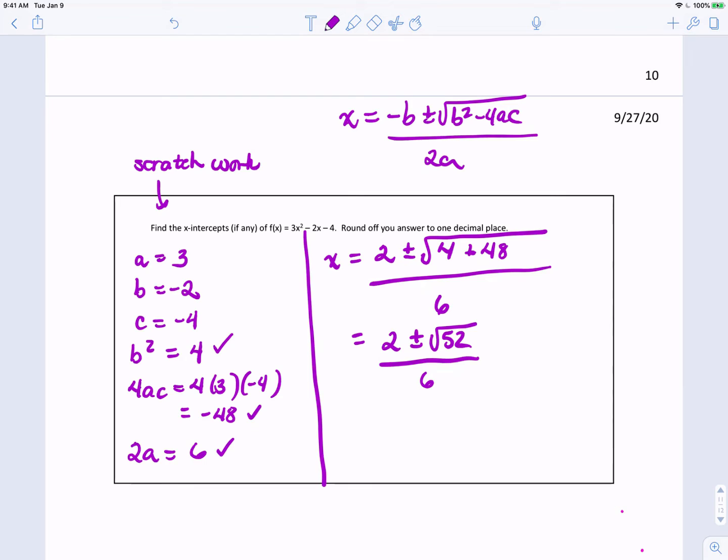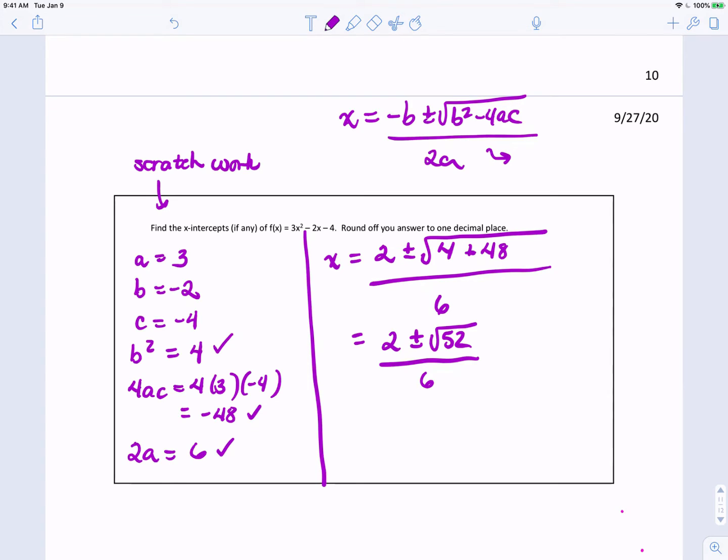If you've ever struggled with the quadratic formula, I think it's because no one ever taught you, or you never tried to do the scratch work off to the side. I see so many people struggle with the quadratic formula because instead of scratch work, they try to just plug in all the numbers, and it gets overwhelming.